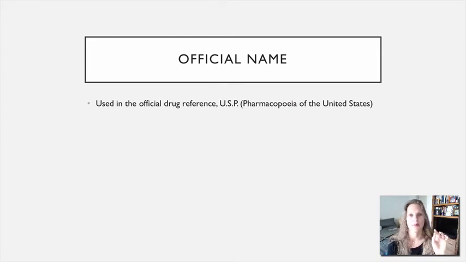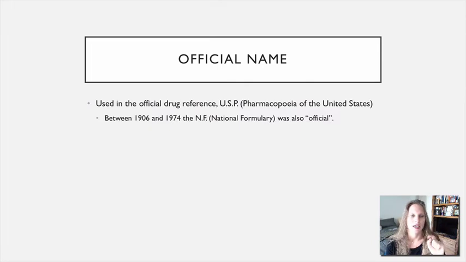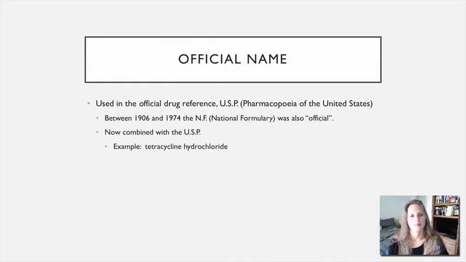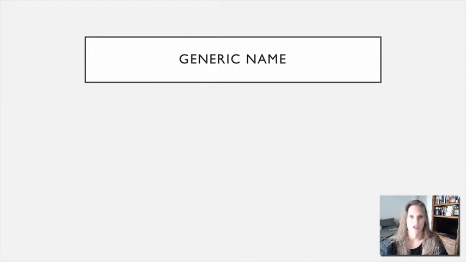So the official name is going to be the name given to that drug in that text. The National Formulary was combined in 1974 with the USP, and so now it's one official text. The official name for tetracycline is tetracycline hydrochloride.